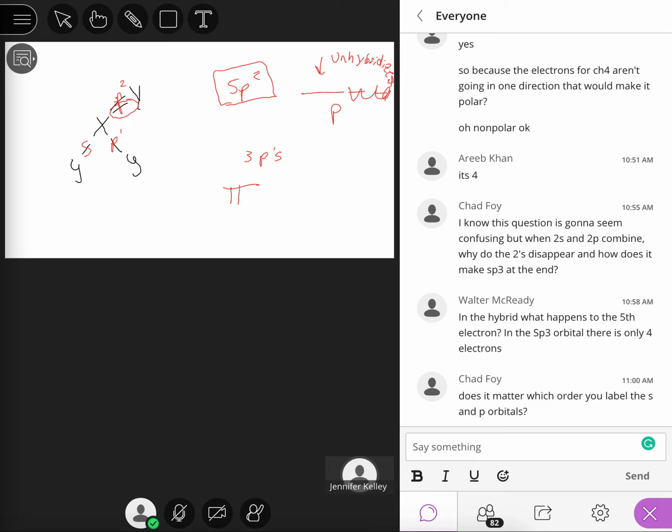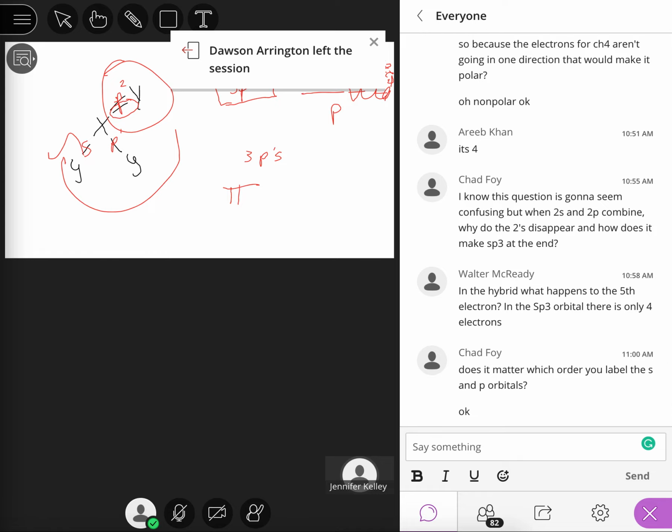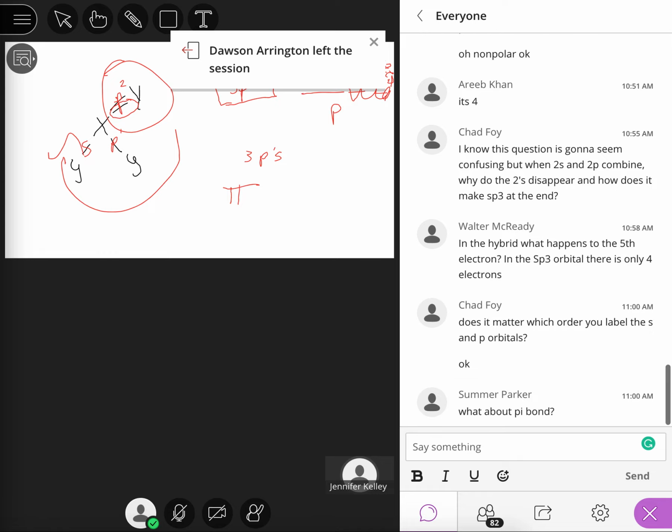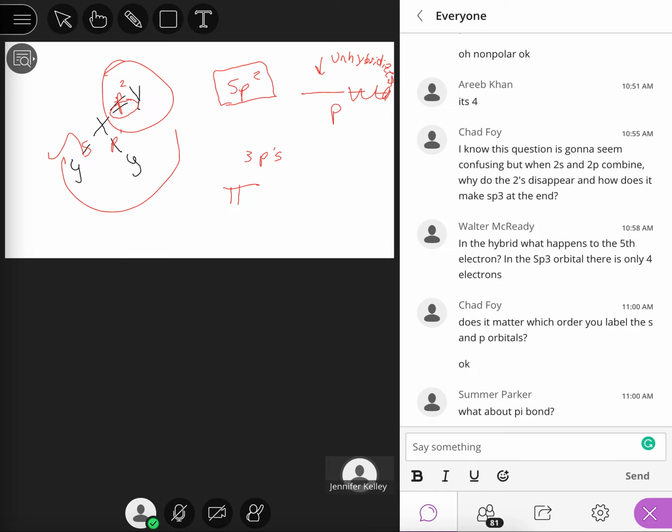No, it doesn't. You could start here and go that direction. It doesn't matter, so long as you count everything and you remember that lone pairs count, and that double bonds and triple bonds you only count once. So the pi bond is formed by this unhybridized p orbital.